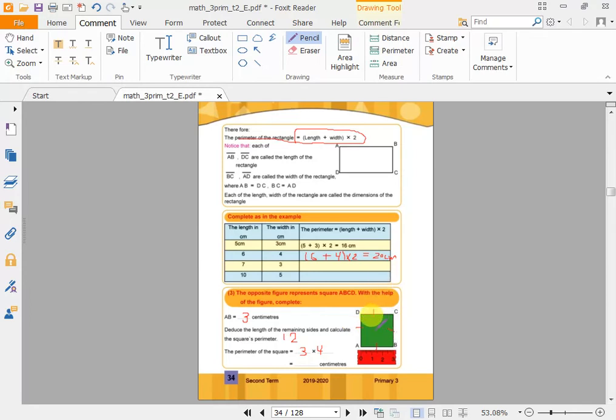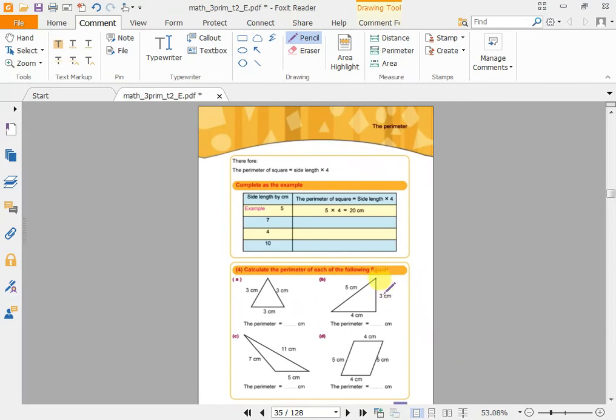Because the square has 4 side lengths: 1, 2, 3, 4, equals 12 centimeters. What can we get from this example? The perimeter of any square is side length times 4.